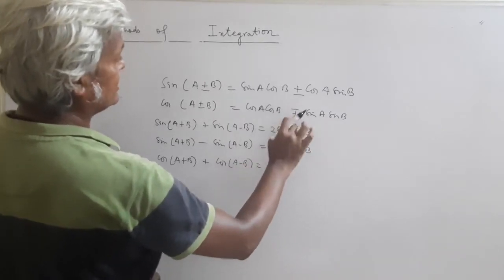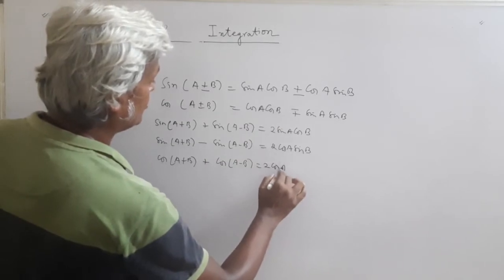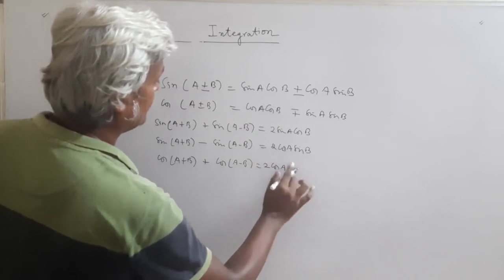This one is negative, the other is positive. So you will get 2 cos A cos B.